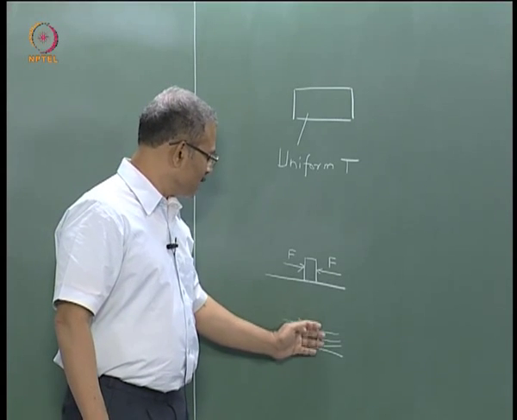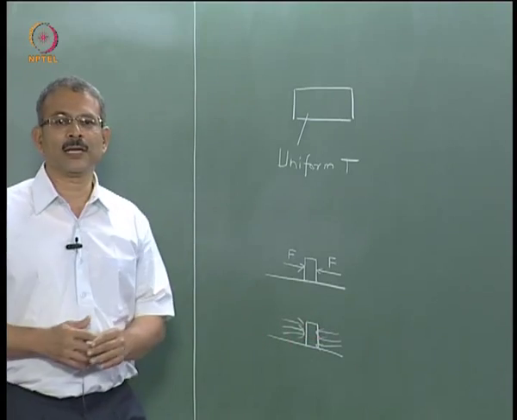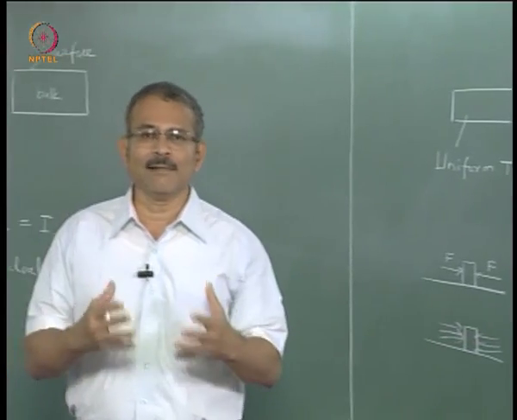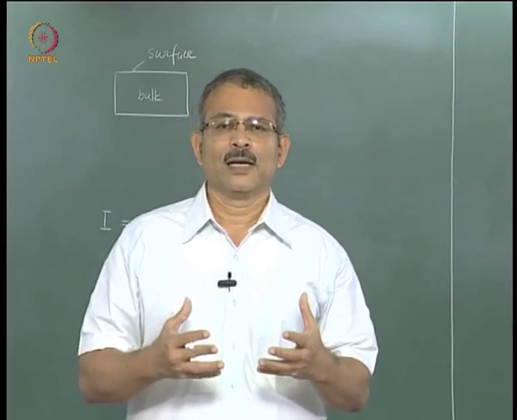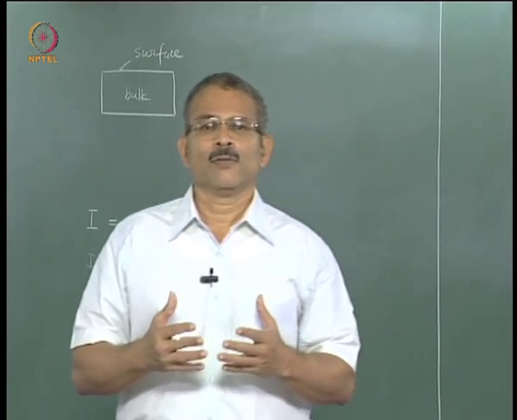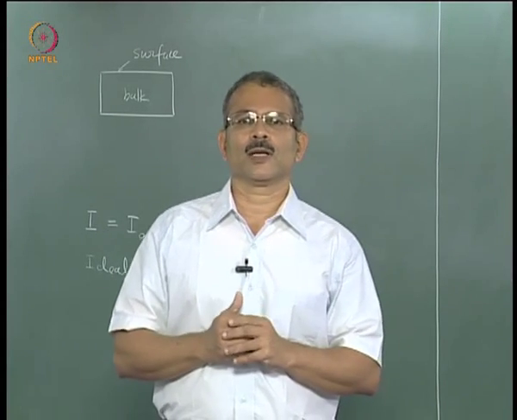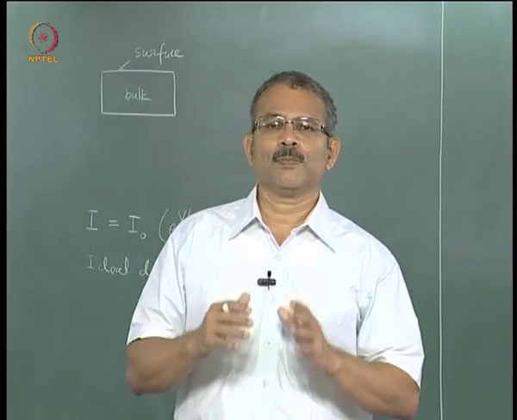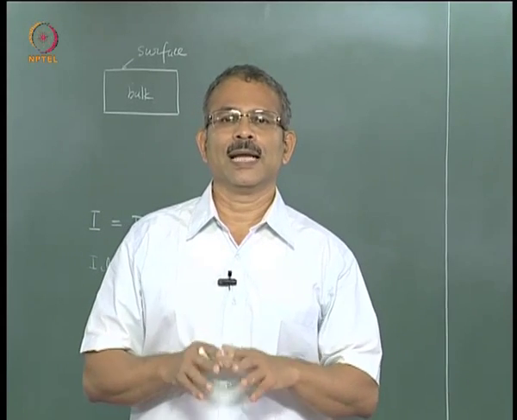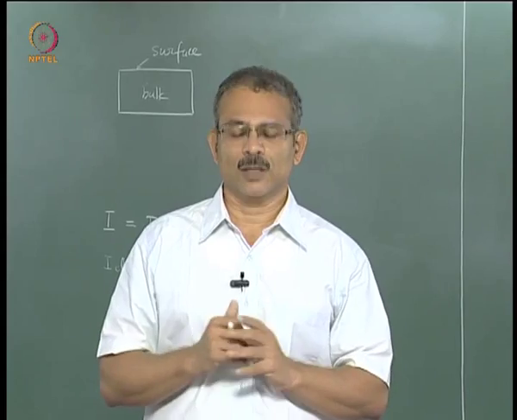Then this is an example of a state of dynamic equilibrium, right, because there is activity, there is movement. But for every process there is an inverse process going on at the same rate. So equilibrium is a dynamic concept, it is not a static concept.